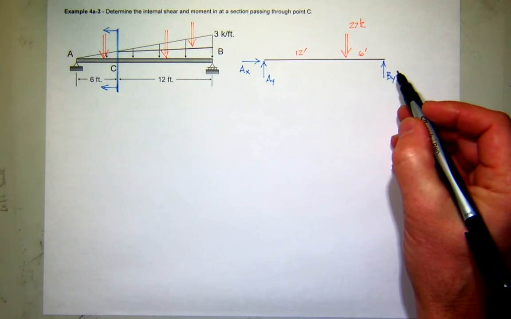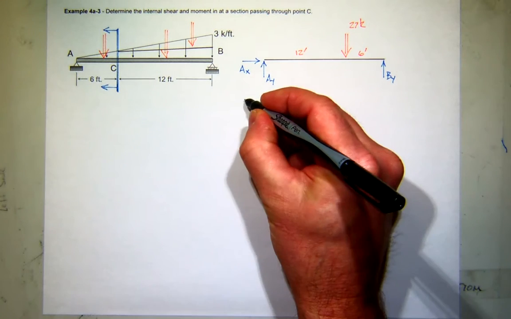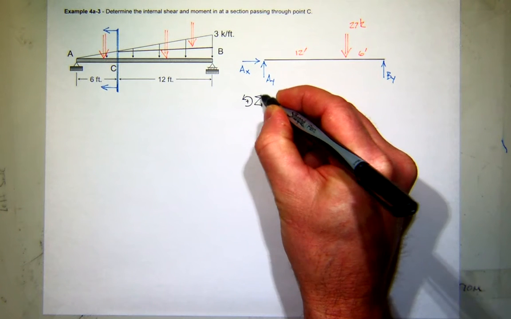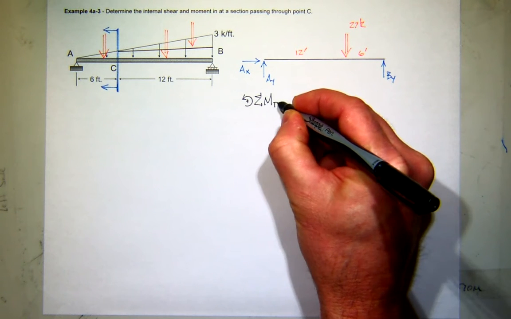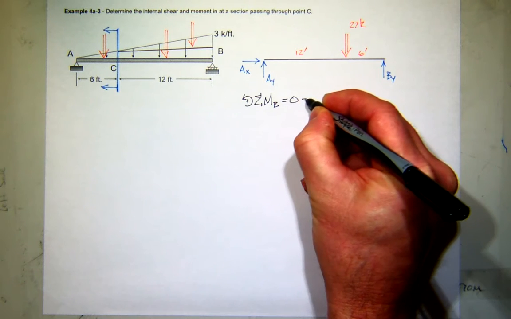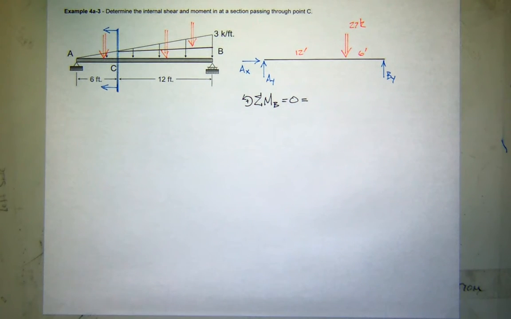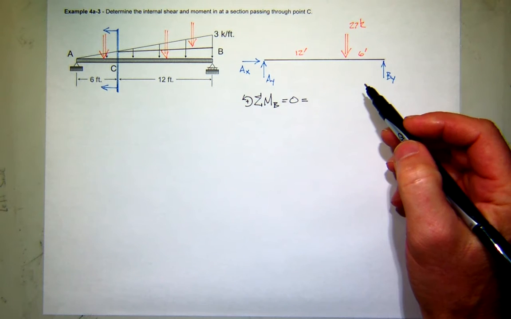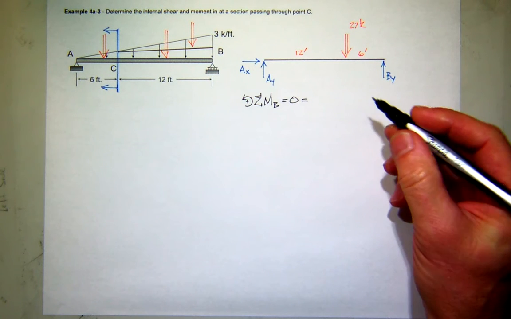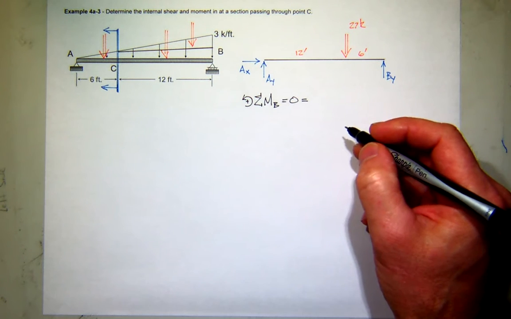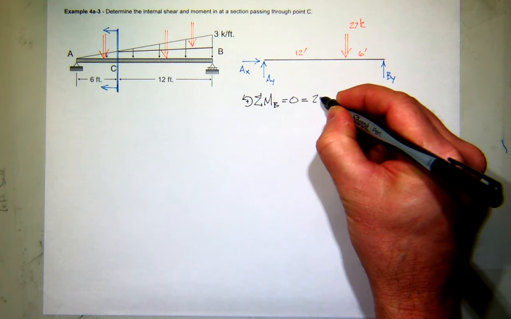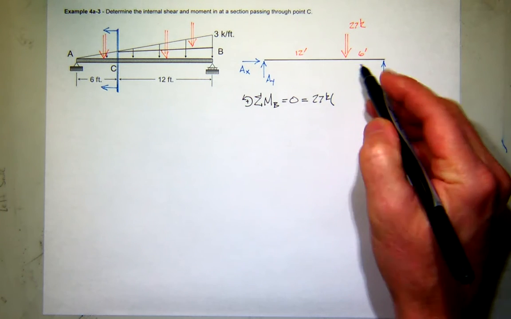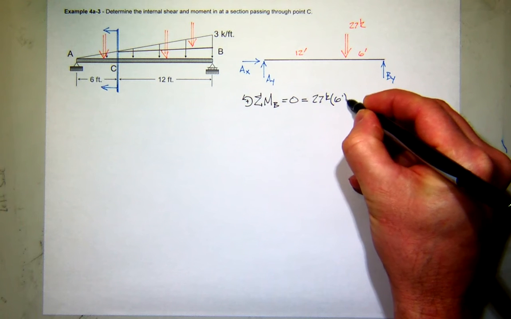I'd sum moments at B. So using right-hand rule as my sign convention for my moments, I'm going to sum the moments at B and make sure my structure is in equilibrium. Now about B, my concentrated equivalent force creates what kind of moment about B? Positive or negative? Positive. So the force, 27 kips, and the distance from B to the force, 6 feet.